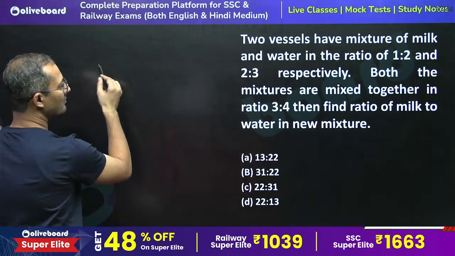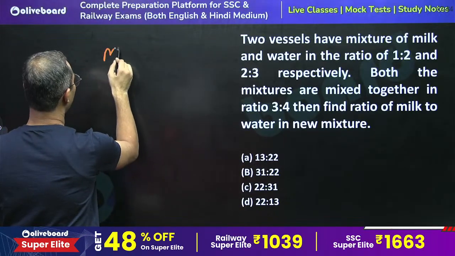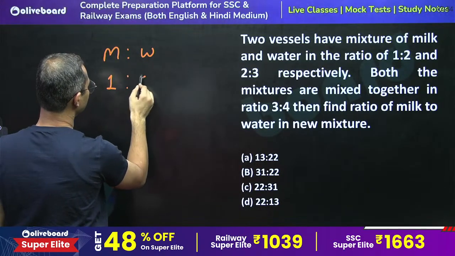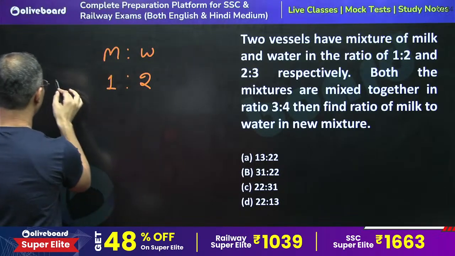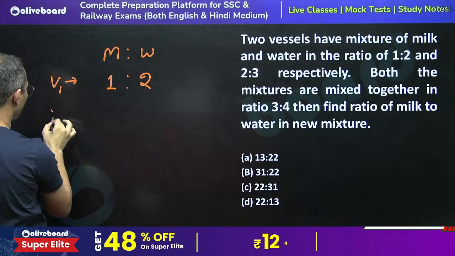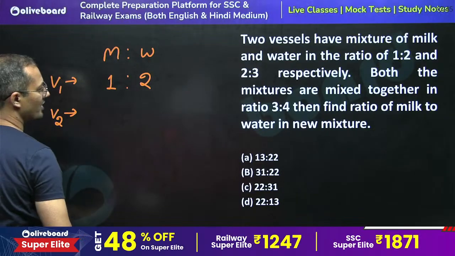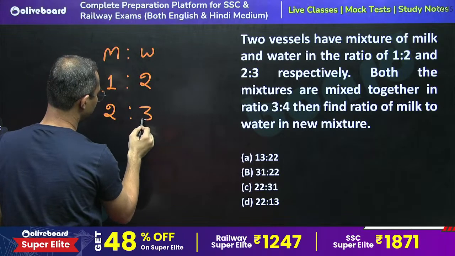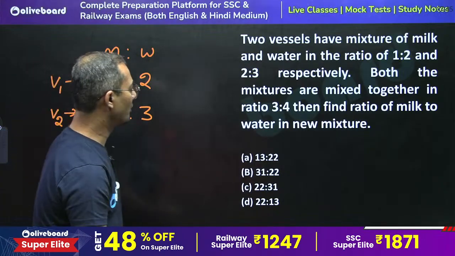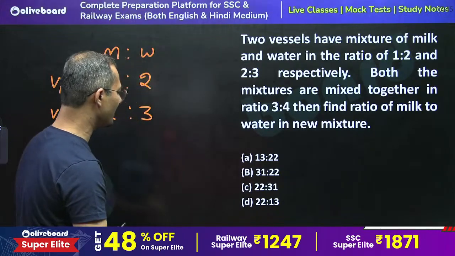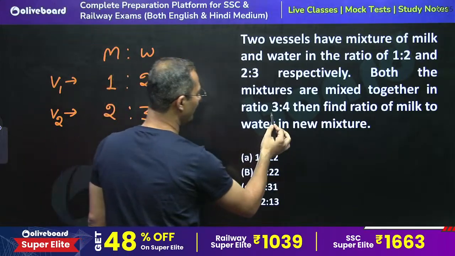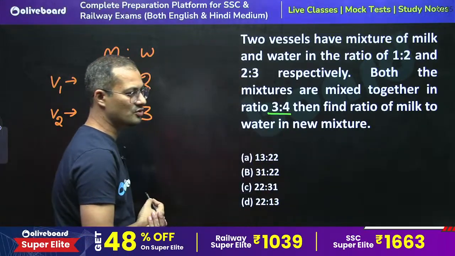In vessel 2, we have the ratio 2:3. Both mixtures are mixed together in the ratio 3:4.